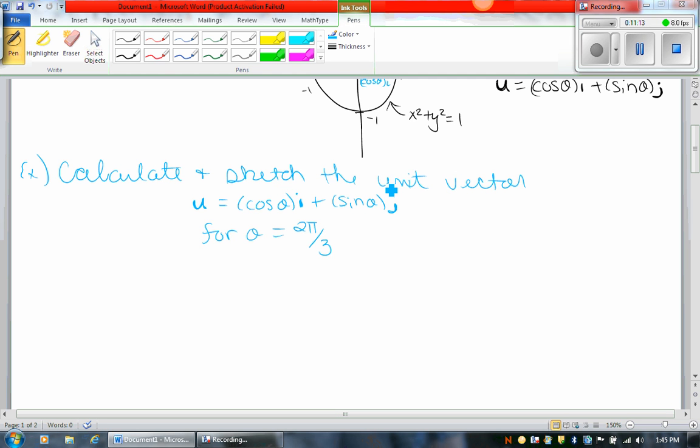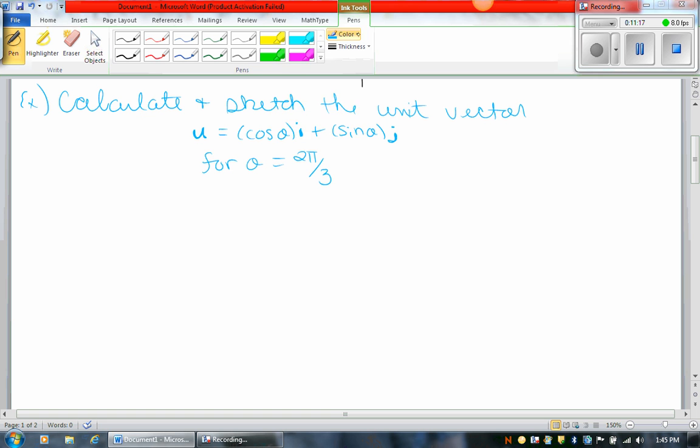So here's what we do. We're going to take vector u, and we're going to take that angle of rotation, and plug that in for theta. So 2 pi over 3 i plus sine of 2 pi over 3 j.